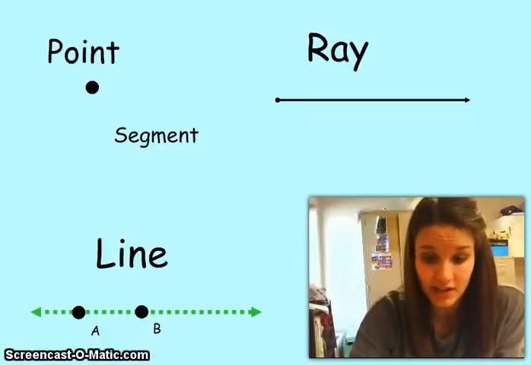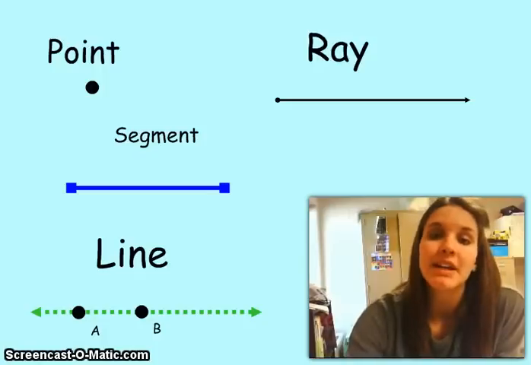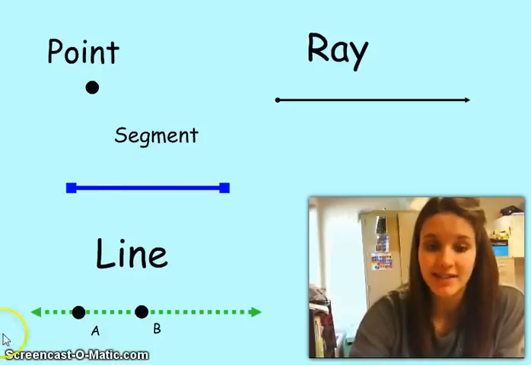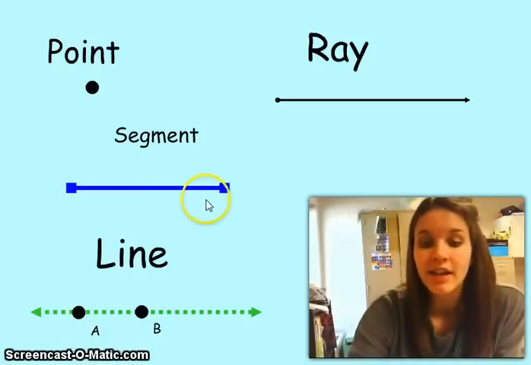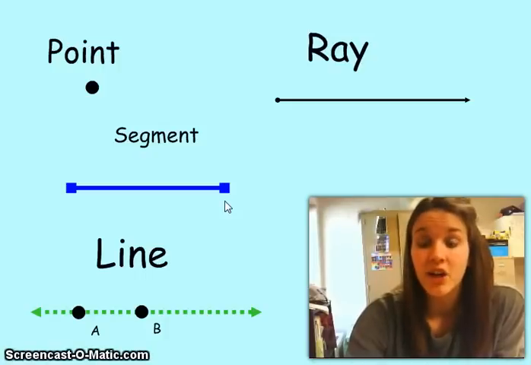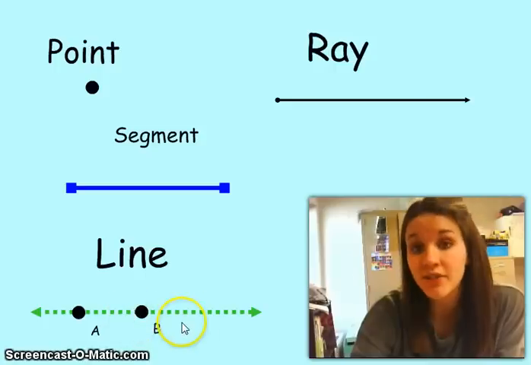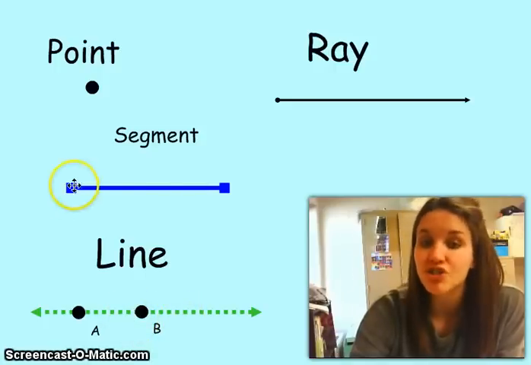What about a segment? A segment is, again, part of a line, but a segment has two endpoints. It has a beginning point and an ending point. It does not continue on and on forever on either side of the segment. So it's a part of a line, but it has a start and end point.